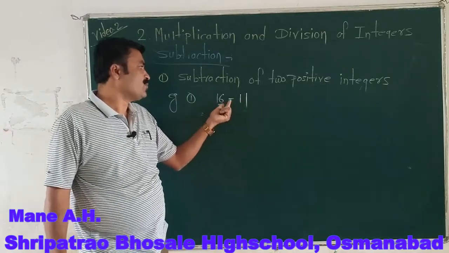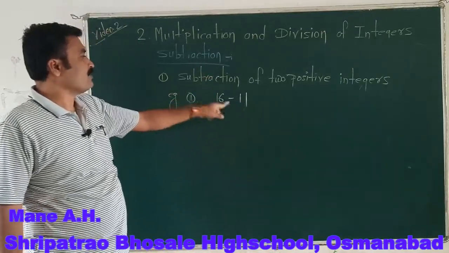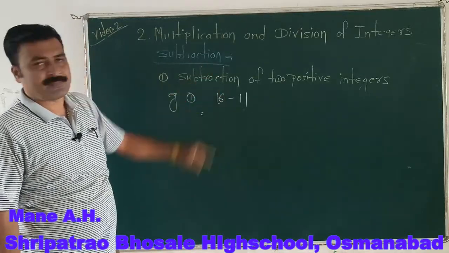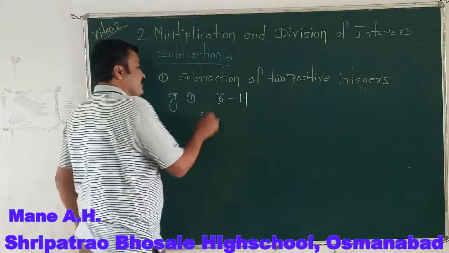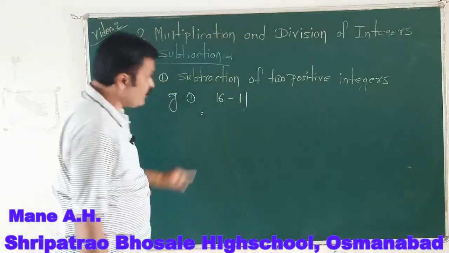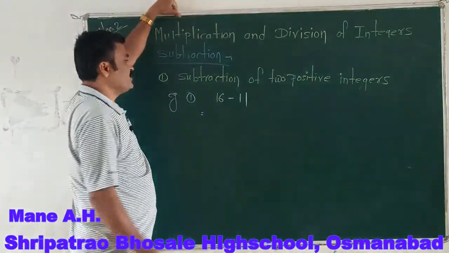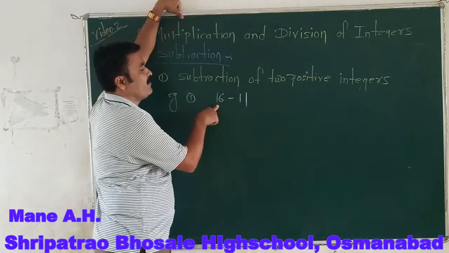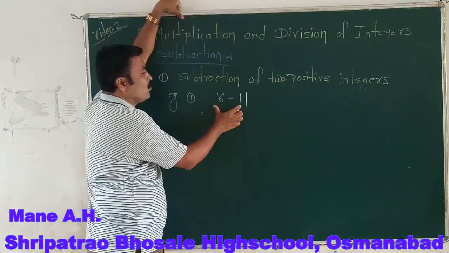Between these two numbers we put the subtraction minus sign. This is the subtraction process. So while taking the subtraction between these two positive integers, let's take the difference of magnitudes of both integers.